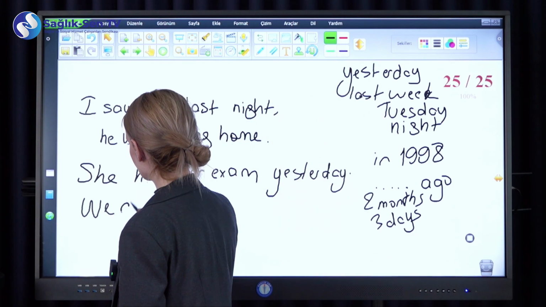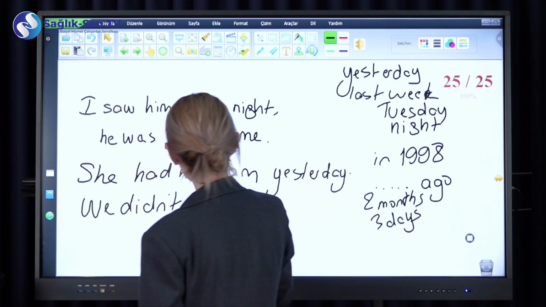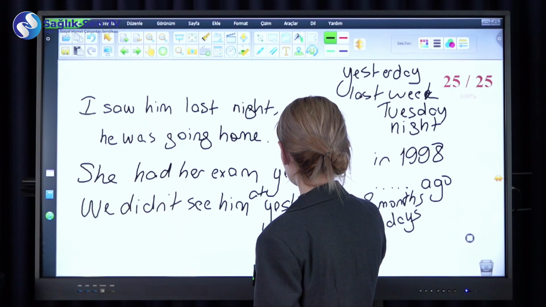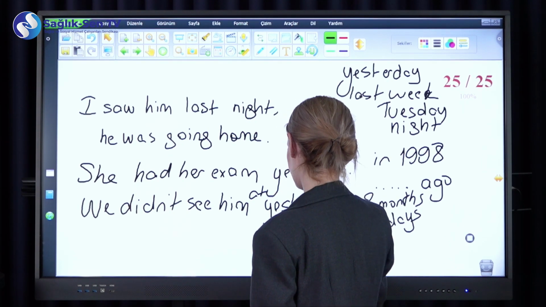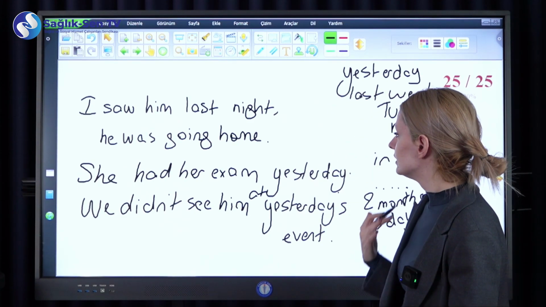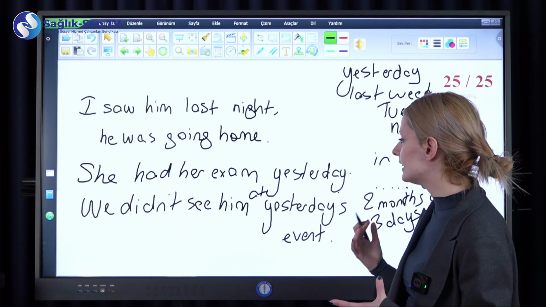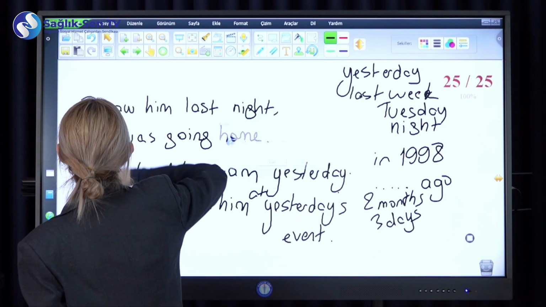We didn't see him at yesterday's event. We can use our time expressions like this, and they all are at the end of the sentence.